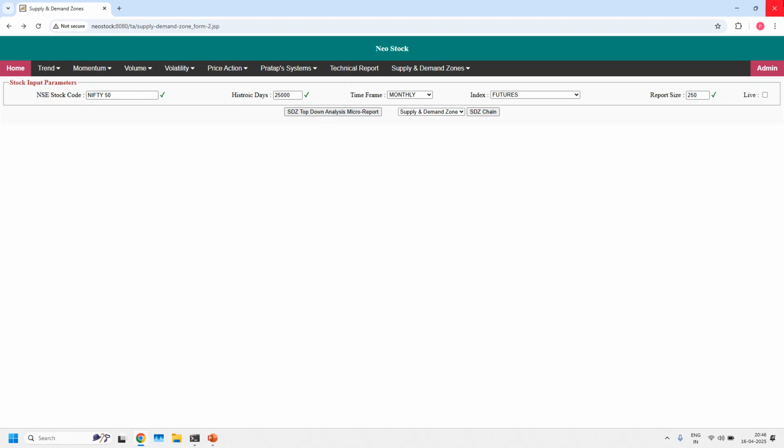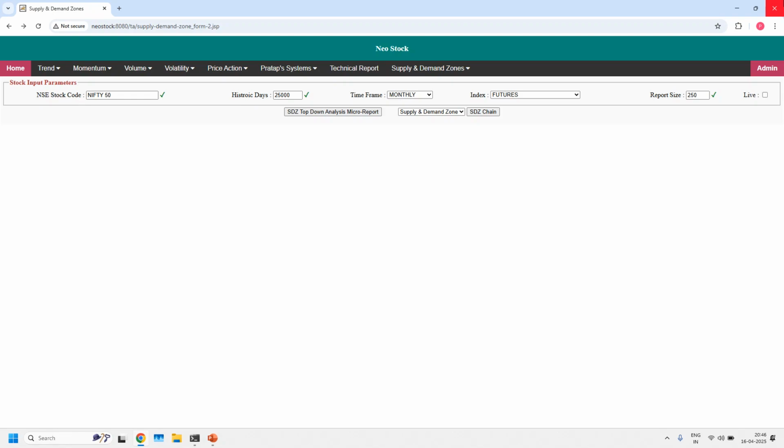But while generating bullish and bearish trade setups, I used equity data, but the software also uses indices data, that is yesterday's data. So that's why the data may not be accurate. So ignore them. For the latest data, please refer to the Nifty and Bank Nifty supply demand zone chain reports.